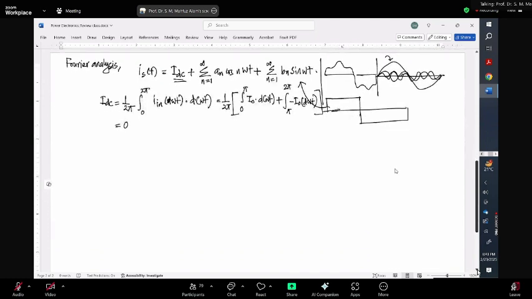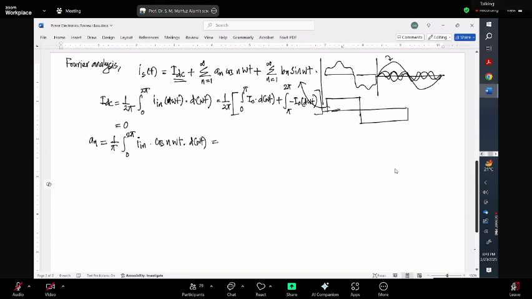So if I want to write it down, the equation for an is 1 over pi, from 0 to 2 pi. Then what is my current? It should be I in multiplied by cos n omega t multiplied by d of omega t.